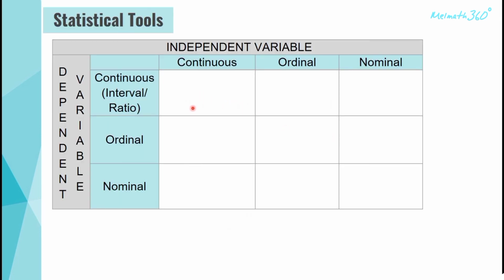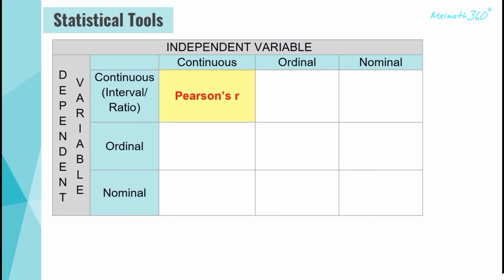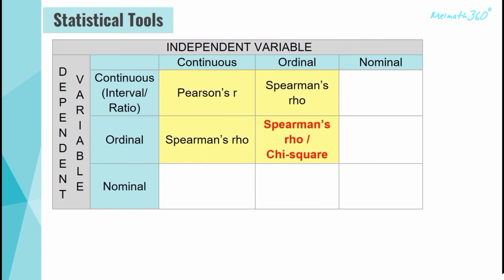We can use Pearson's r if one variable is continuous and the other variable is also continuous. We can use Spearman's rho if one variable is ordinal and the other variable is continuous. If both ordinal, we can use Spearman's rho or chi-square.